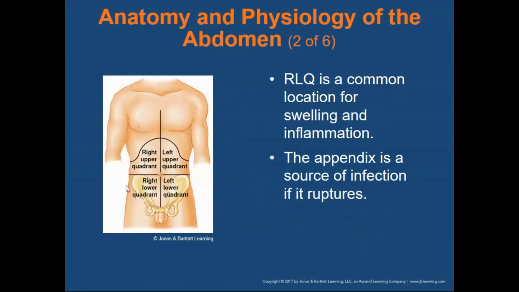The transverse line goes laterally through the umbilicus, and then you have the line that goes from the head toward the feet that divides the body, it goes through the umbilicus. That's where you divide for purposes of assessment for those quadrants.